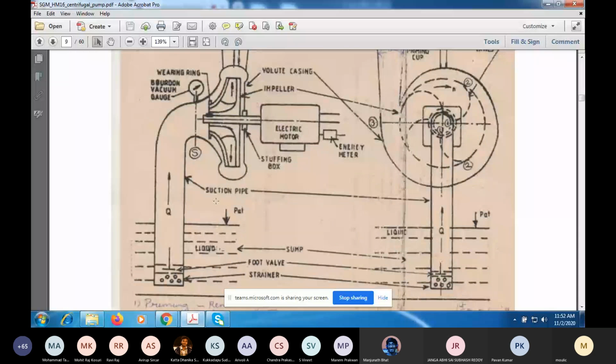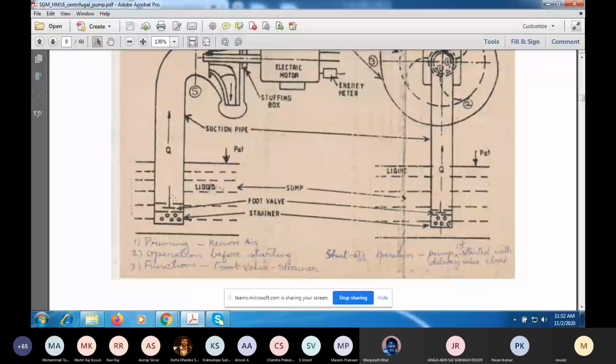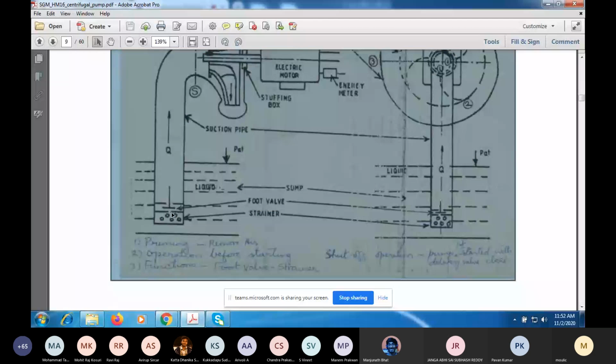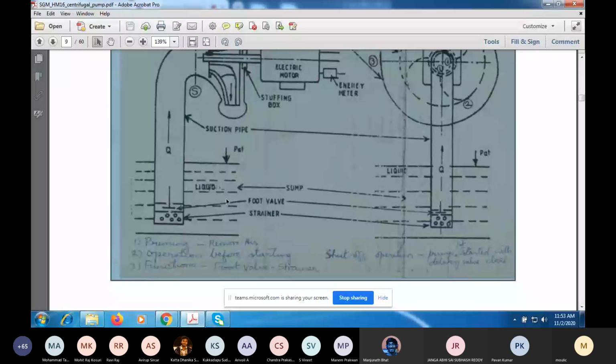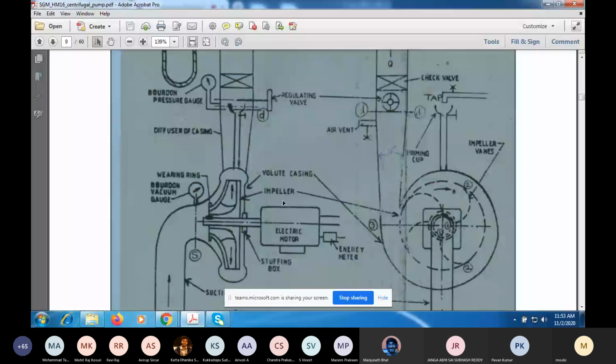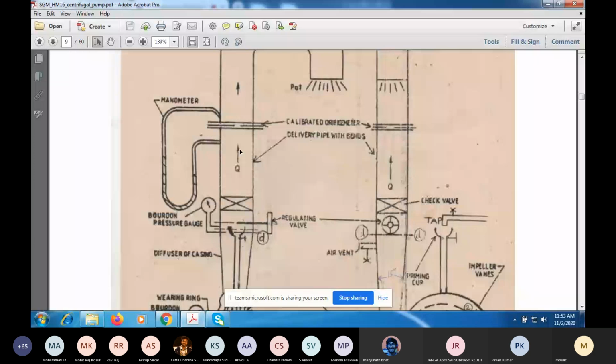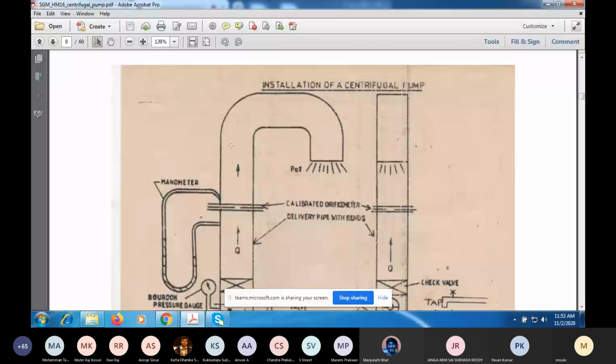As you can see here, at the bottom you will have a strainer followed by what you may call a foot valve or a check valve. And this side is the delivery side, the delivery pipe or outlet pipe or discharge pipe, and the water here is simply shown going out. There may be another tank over here.